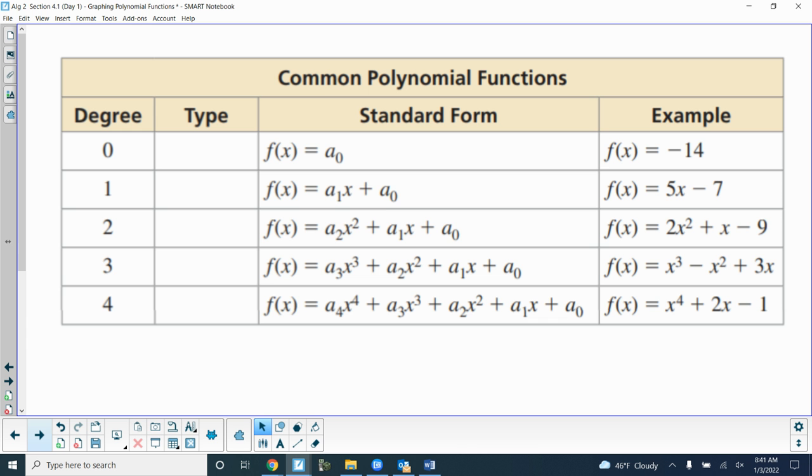So here's the degree on the left, and there's the standard form, and there's an example. The type we're going to fill in. When it's got a degree of 0, meaning it's just a number and no variable, then it's called a constant.